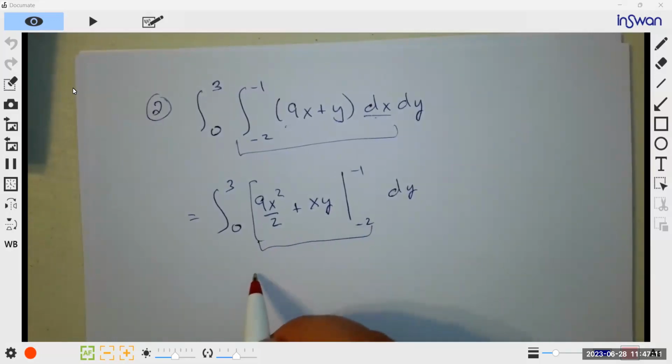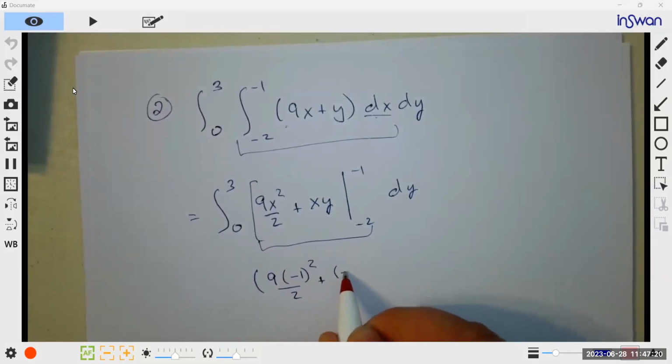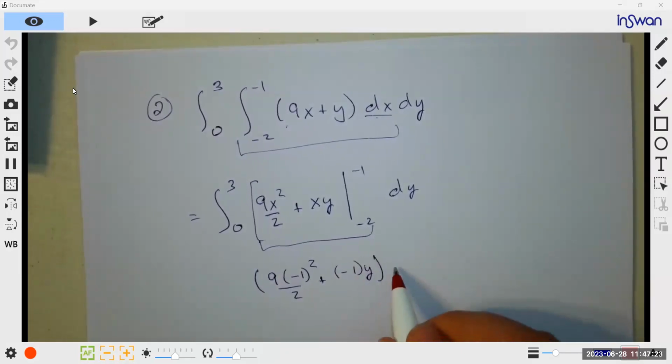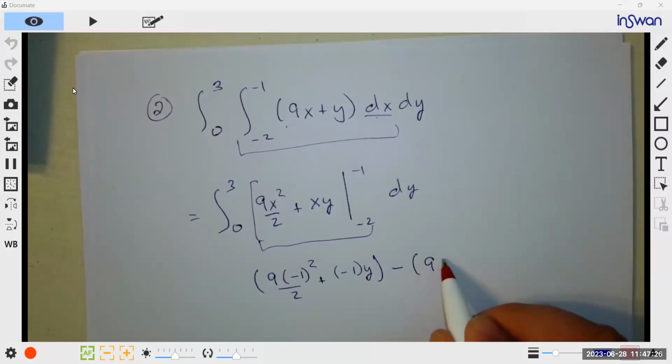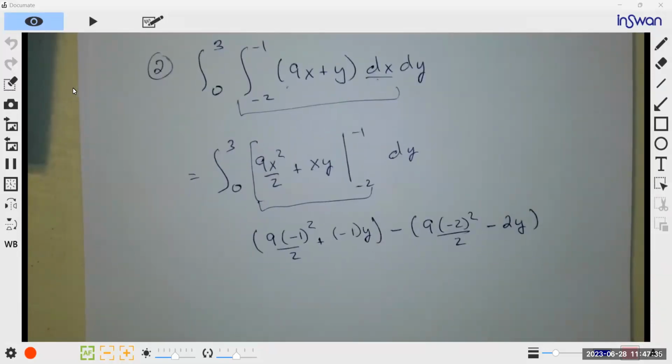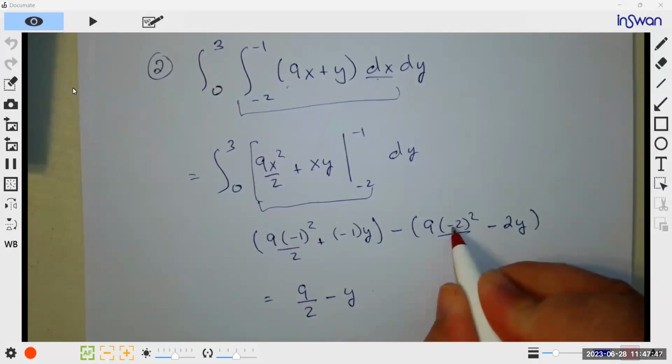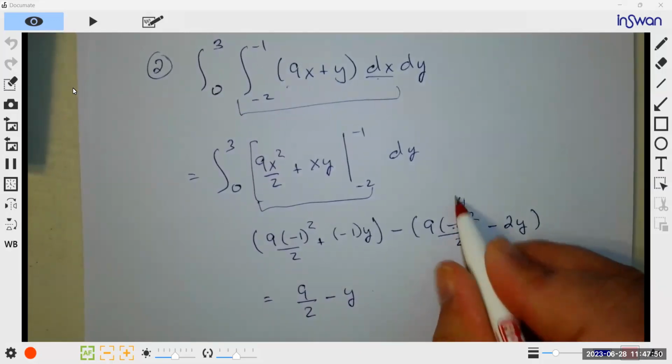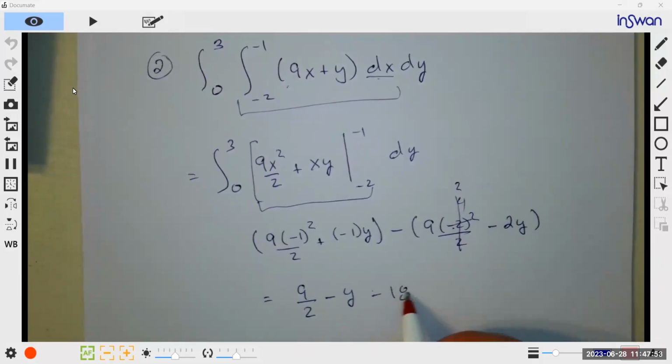So let's look at this one. 9 times -1 squared over 2 plus -1y, minus 9 times -2 squared over 2 minus 2y. -1 squared is 1, so 9 over 2 minus y. -2 squared is 4. 4 over 2 is 2, so it's minus 18.